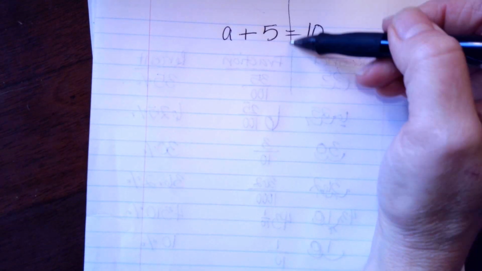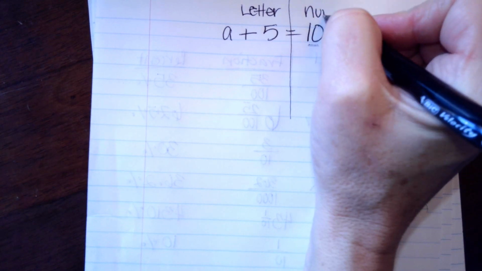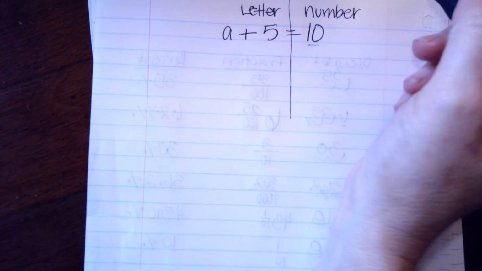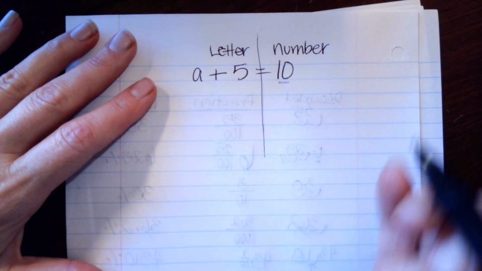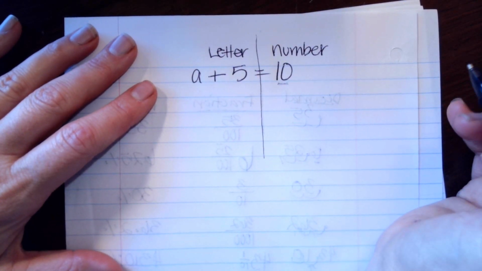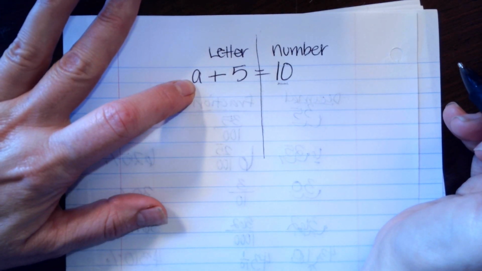So there are two sides of the equation. This part has a letter, and this part has a number. In algebra, our goal is to get the letters on one side of the equation and the numbers on the other.